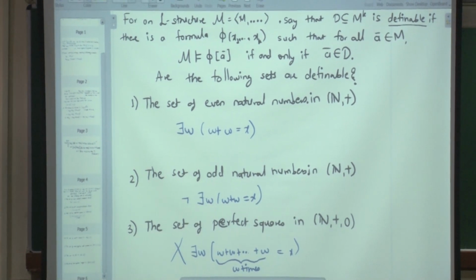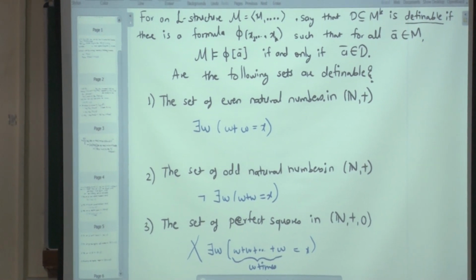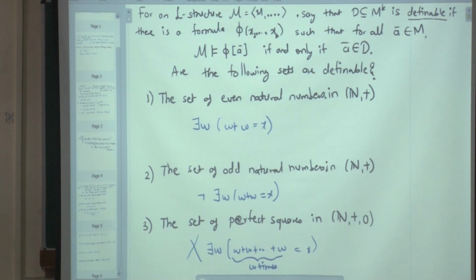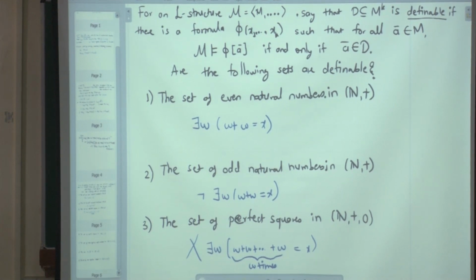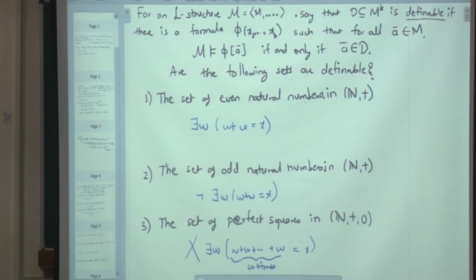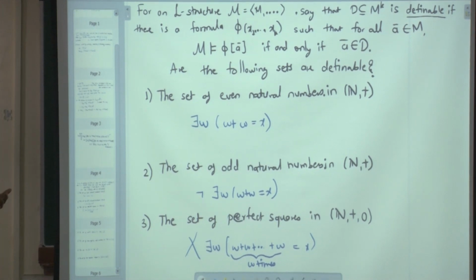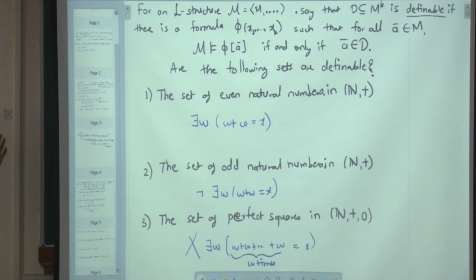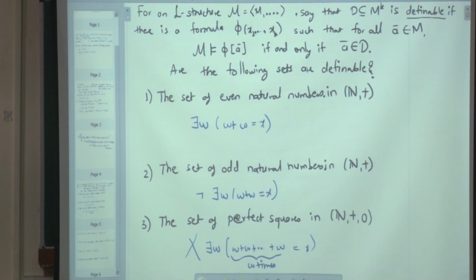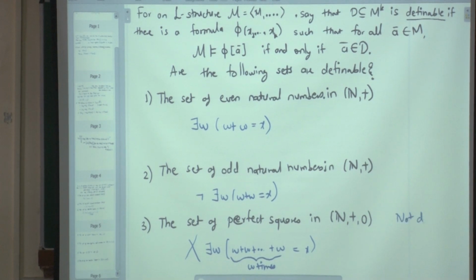Addition is just a function symbol. If I want to calculate pi times pi, will you say add pi plus pi many times? It doesn't make sense. So therefore this is not first order expressible, so it is not definable over here.